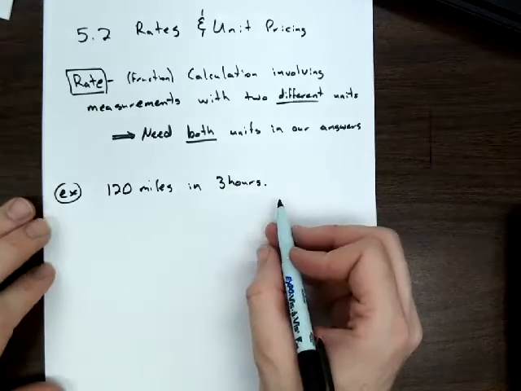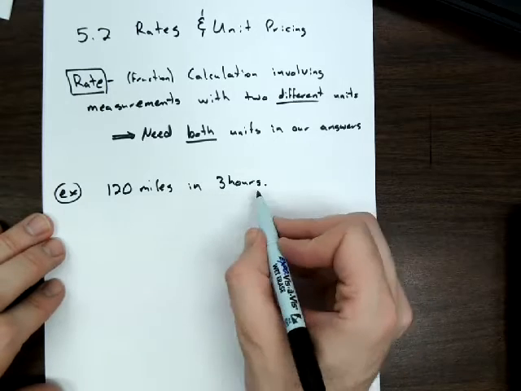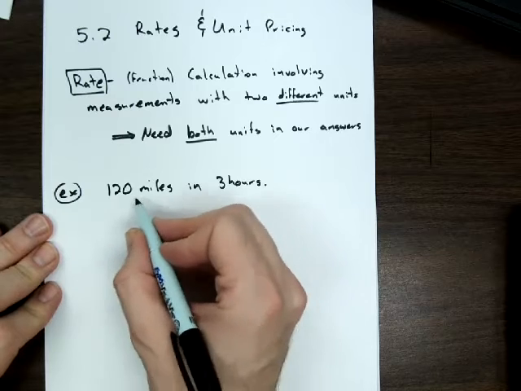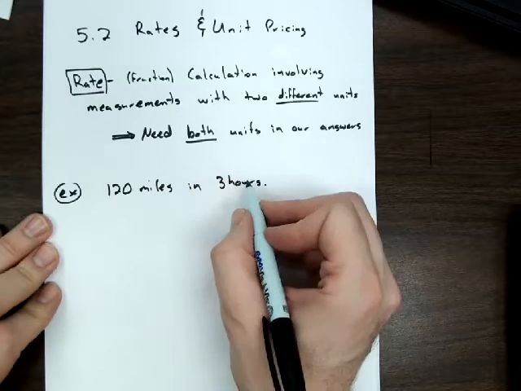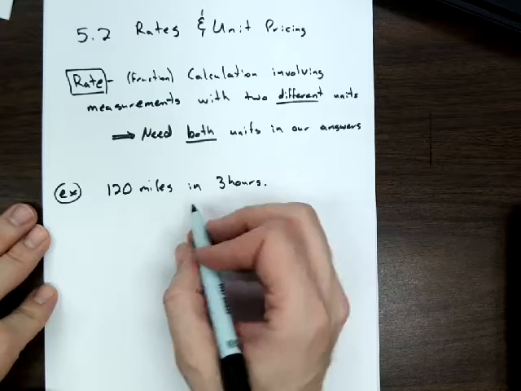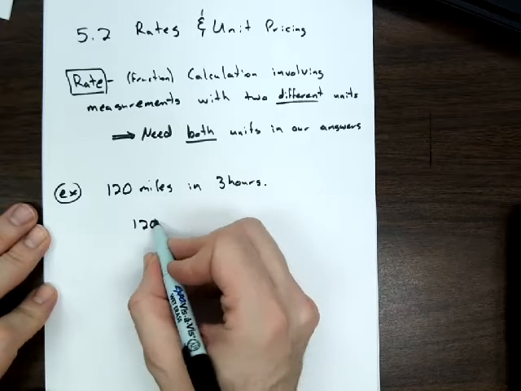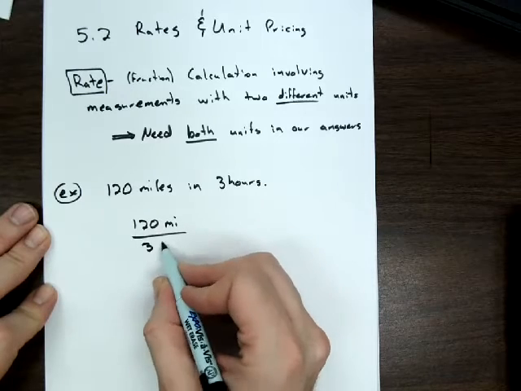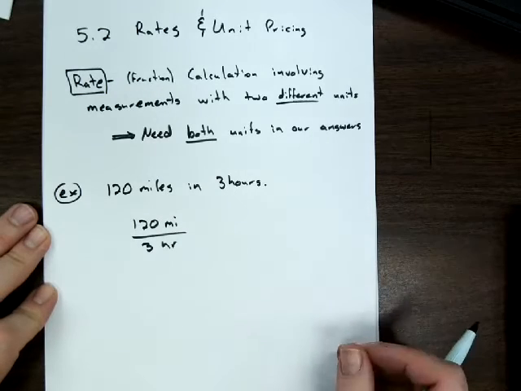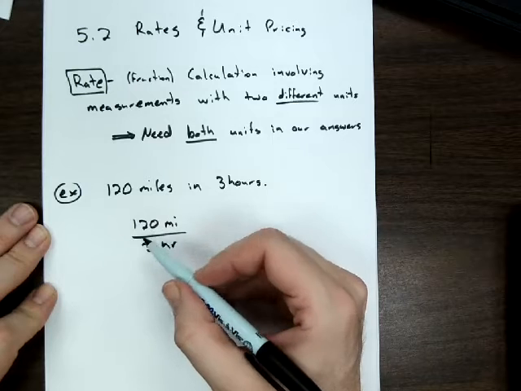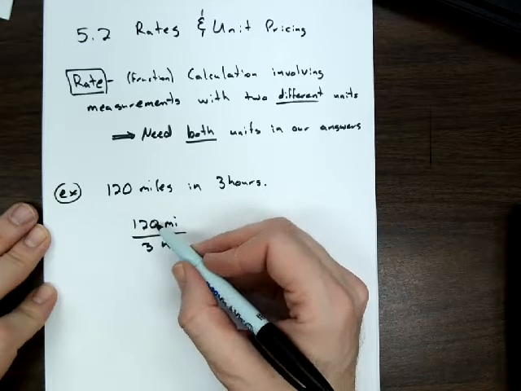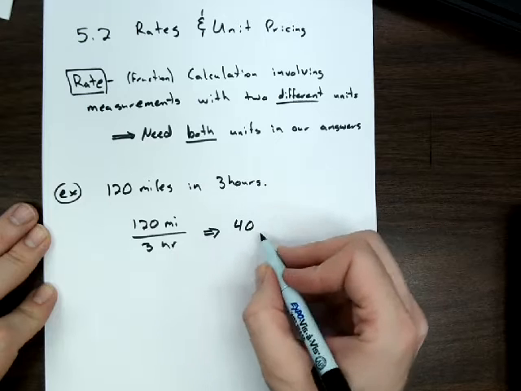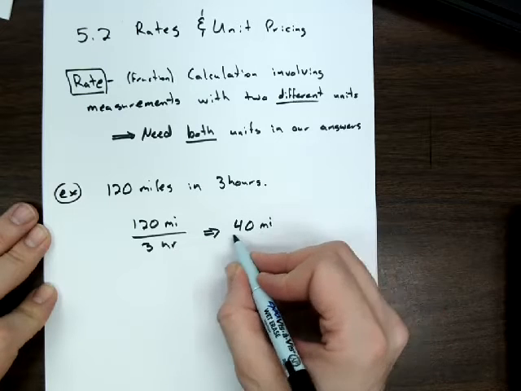With this, I've got 120 miles in 3 hours. Well, what we're going to do is just write this as a fraction. Again, that first number is going to be the top of our fraction. So we've got 120 miles, I'm going to abbreviate that MI, over 3 hours. And if I wanted to, I can just reduce this as a fraction. 120 over 3 is just going to be 40. And I could say that's 40 miles in 1 hour.